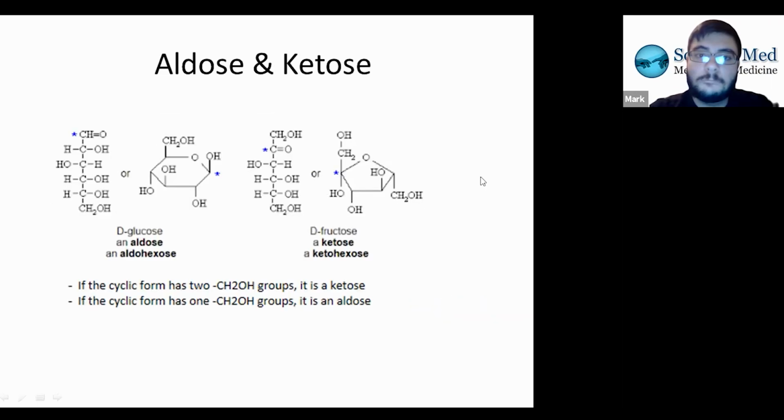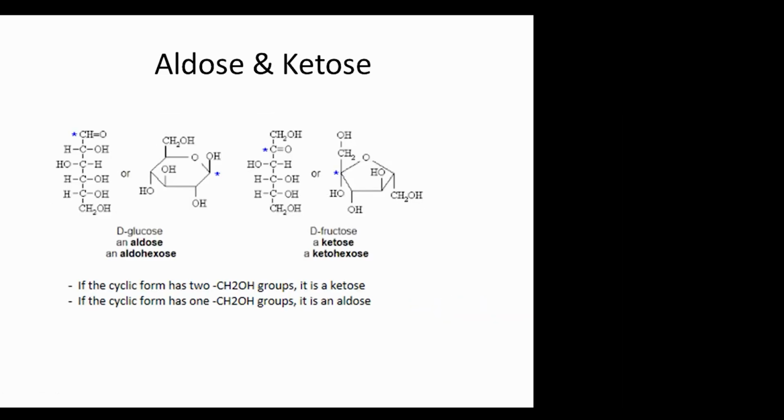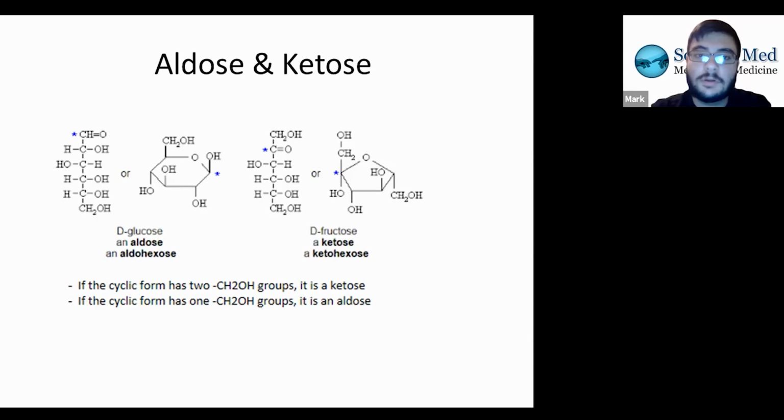Okay. So next, and last I think for naming carbohydrates, I want to talk about the difference between an aldose and a ketose. So aldose comes from the word aldehyde, and ketose comes from the word ketone. So if you notice, some sugars like glucose have an aldehyde, right? And this is talking about the Fischer projection.